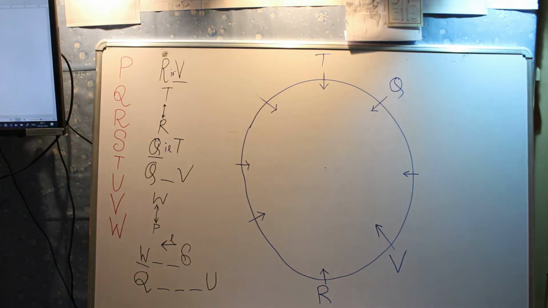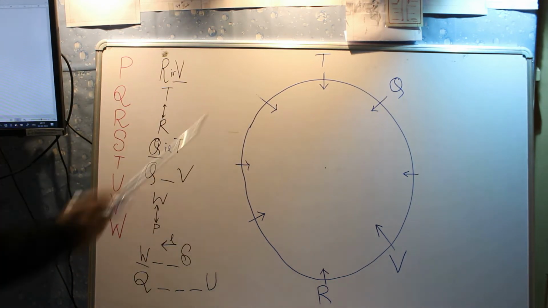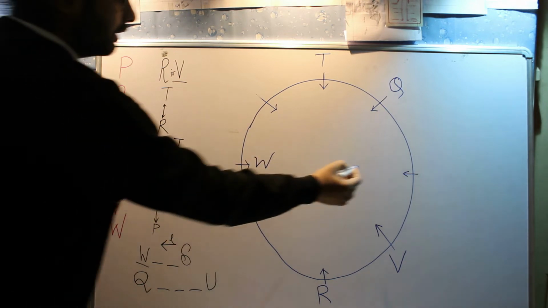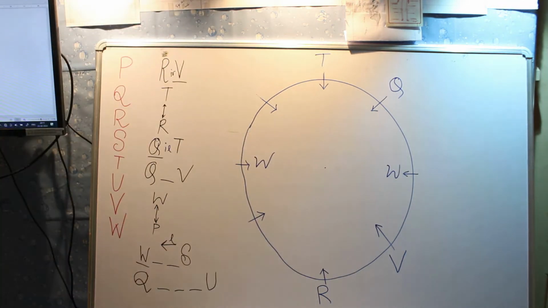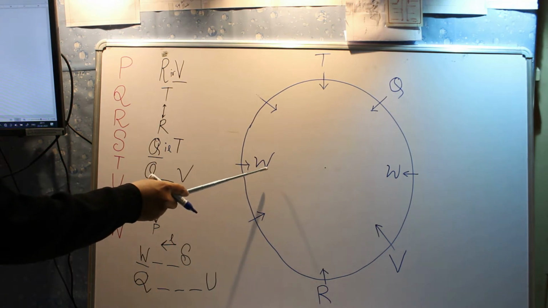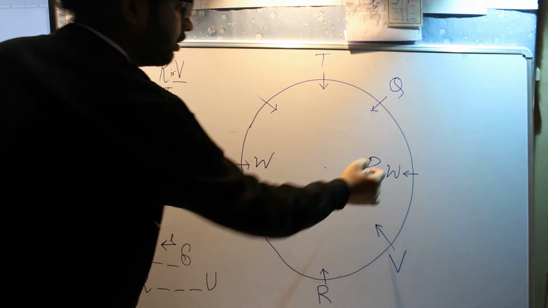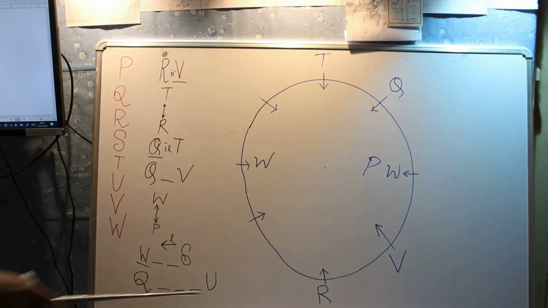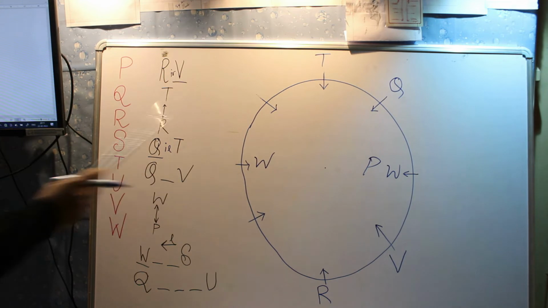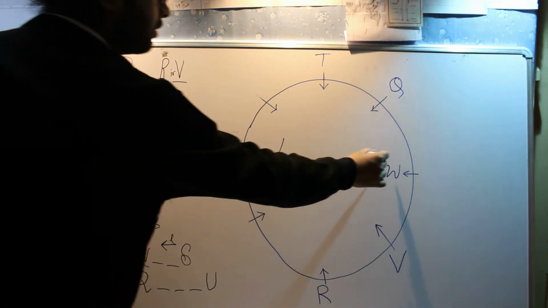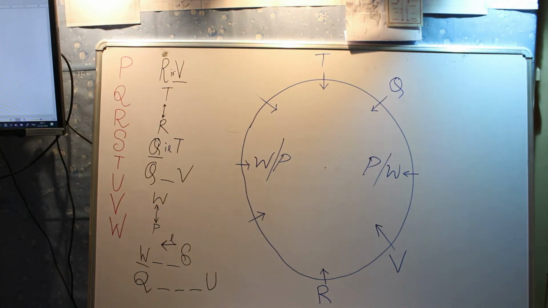So no chance for W to be here and here. So only place left for W is either this or this. Right? So if this is W and W has to face P, so this has to be P. Or if this is W, this has to be P. Either way, right?